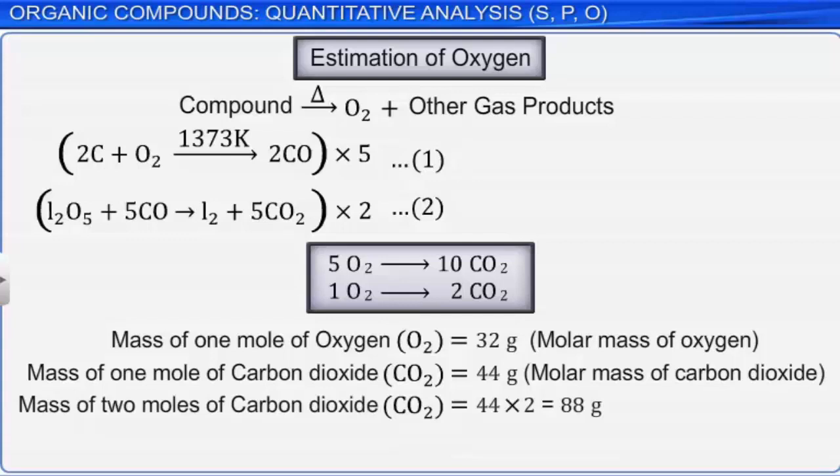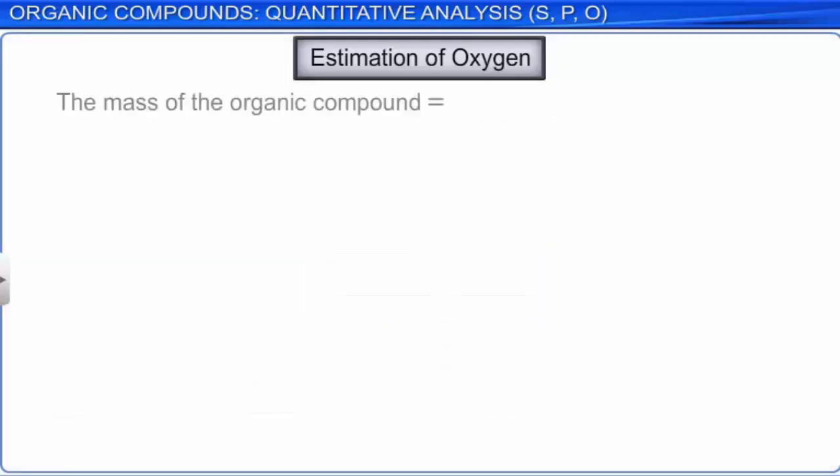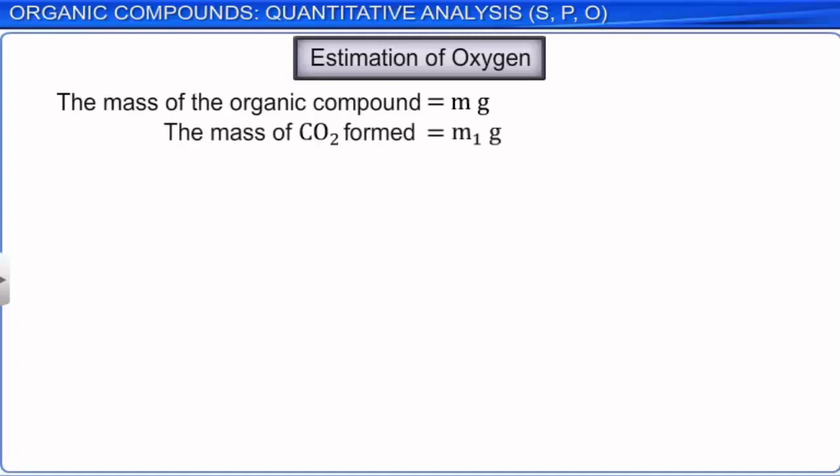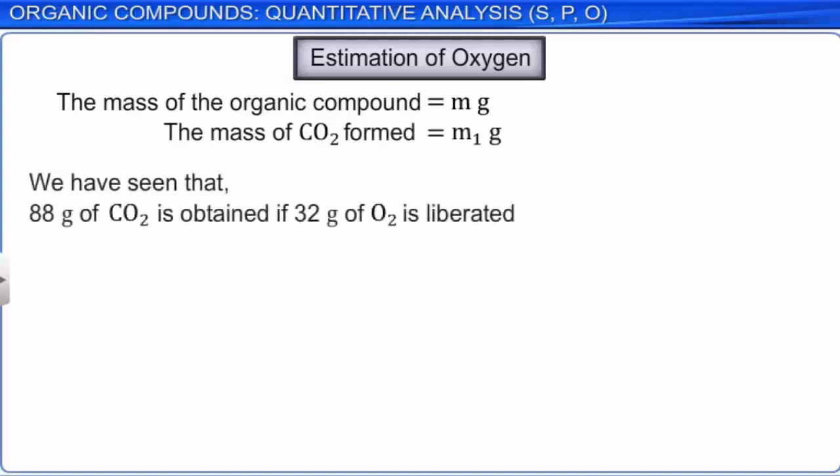Let the mass of the organic compound taken be m grams. Mass of carbon dioxide produced is m1 grams. We have seen that 88 grams of carbon dioxide is obtained if 32 grams of oxygen is liberated, and then m1 grams of carbon dioxide is obtained if 32 into m1 divided by 88 grams of oxygen is liberated.